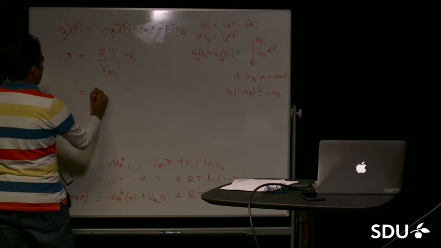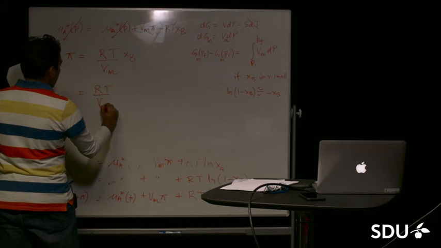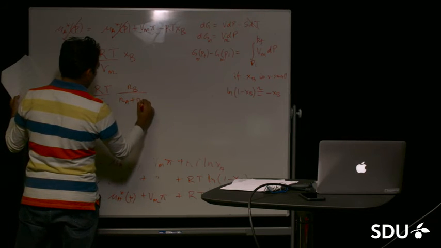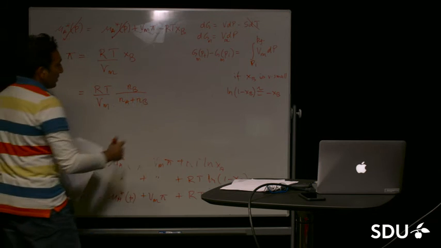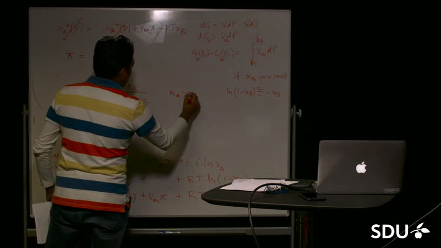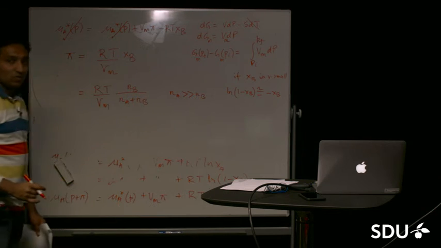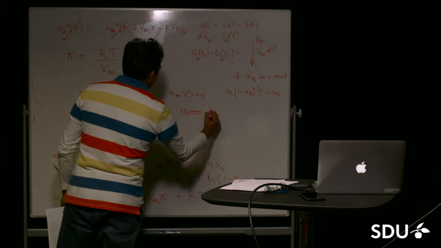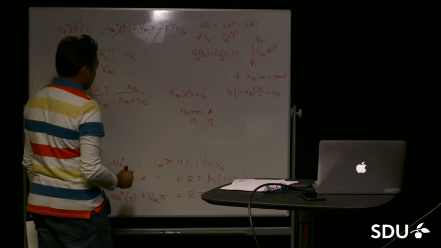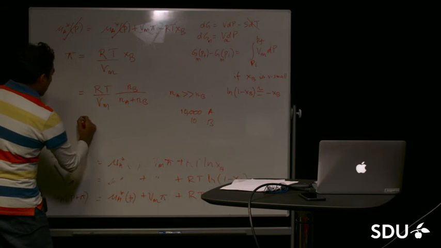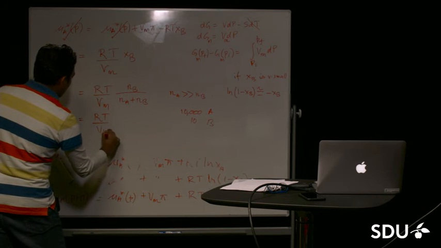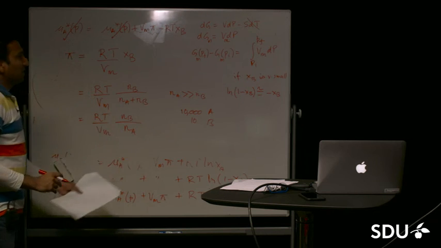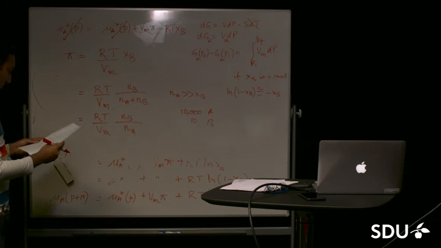Let's approximate this a little bit further. Now XB is given by the number of moles of B divided by the total number of moles. Now here the number of moles of A is much higher than the number of moles of B. So for example, you have 10,000 moles of A and maybe you have 10 moles of B. So then the denominator here can be approximated as NA, because 10,010 is almost as good as 10,000.